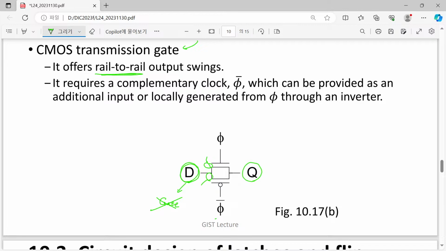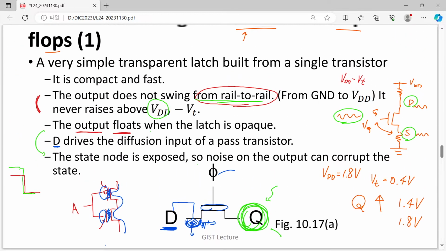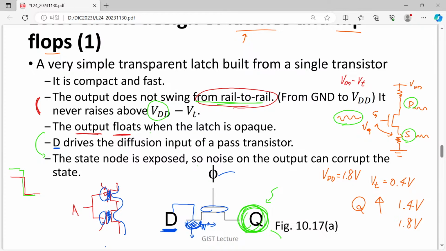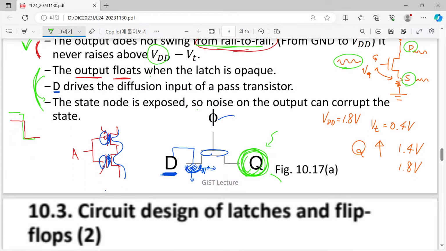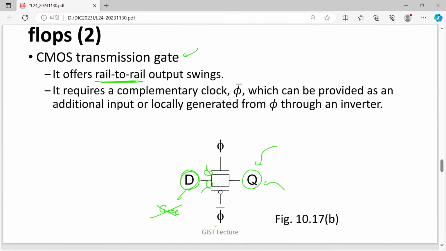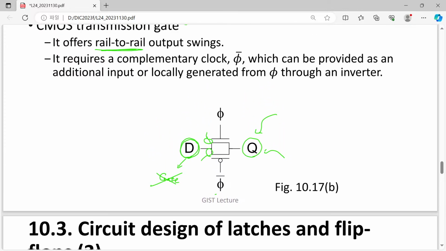No, it is still just open to the external world. So if we introduce a certain noise into it, then it can be affected. Simply speaking, by introducing this CMOS transmission gate, we can solve this problem. Good. However, the other problems are still not solved in this transmission gate.